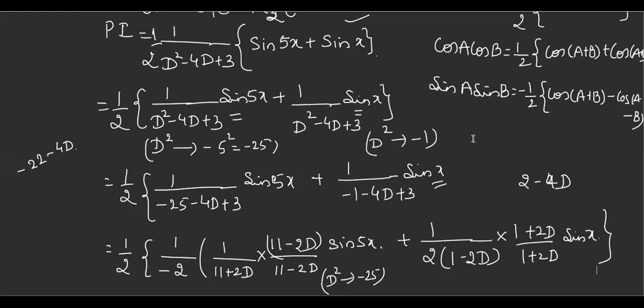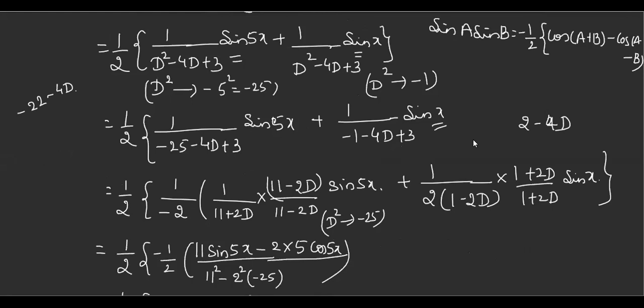Let us simplify this. Now this is plus, again 1 by 2. This is again the denominator, a minus b into a plus b, a square minus b square, D square, and D square has to be replaced by minus 1 here.